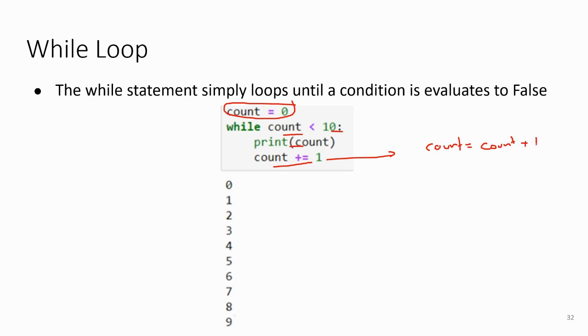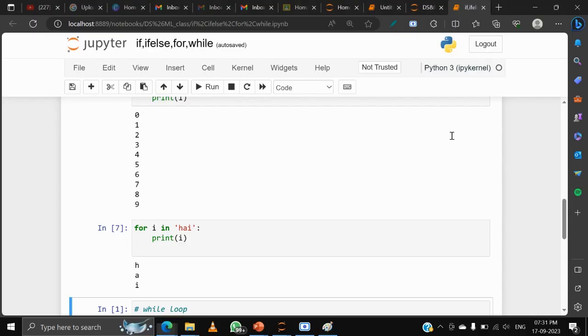I am incrementing the count. The short form of this is count plus equal to 1. So instead of this, you can give count is equal to count plus 1. So count will be incremented, and we will have a new count value. That's all. And let's see this hands on.